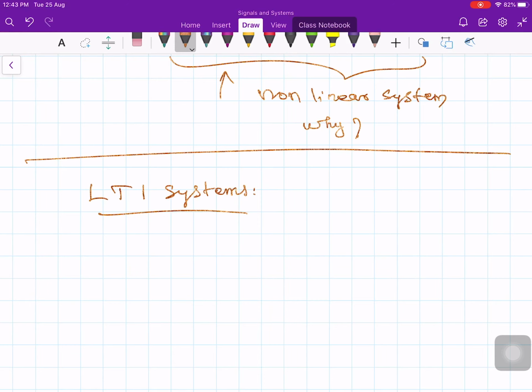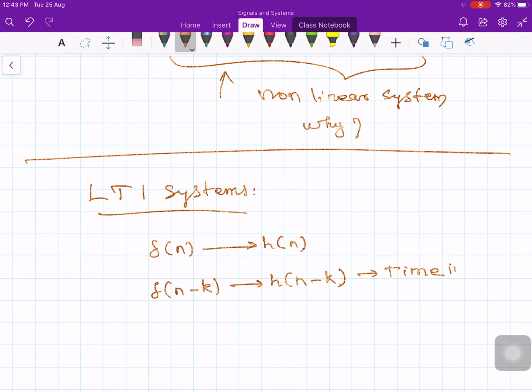We started with the impulse response, del of n gives rise to h of n. Then you delay the sample by k units, then the output is also delayed by k units, and this is the time invariance property.